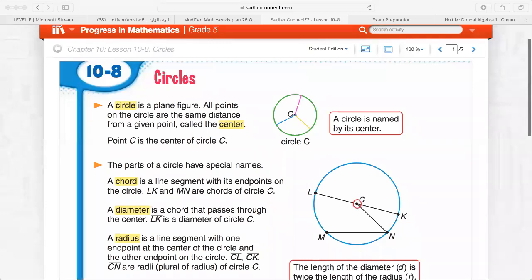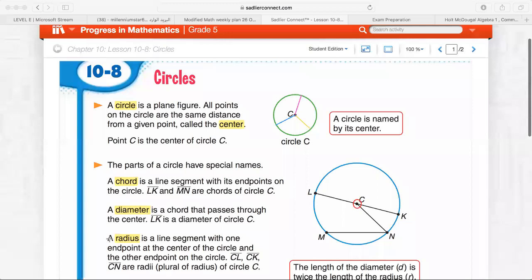LK is passing through the center, but MN is not passing through the center. That's why LK is called a diameter. A diameter is a chord that passes through the center. LK is a diameter of circle C.